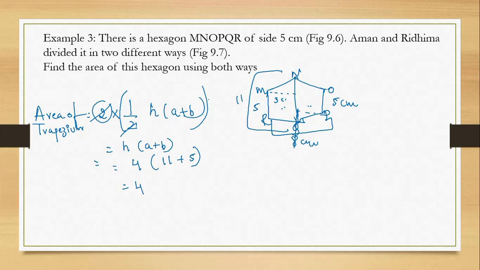So 4 of 11 plus 5 is 16, then 16 fours are 64. The area of the trapezium is 64. So the area of the hexagon is also 64. We can do this by using the formula.